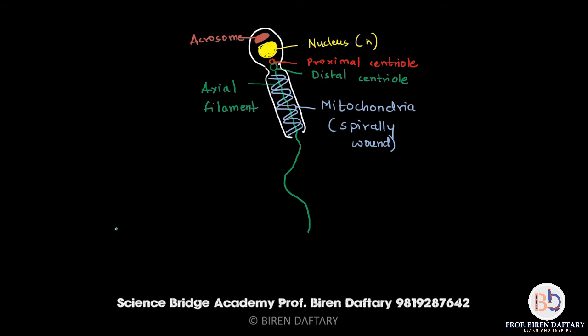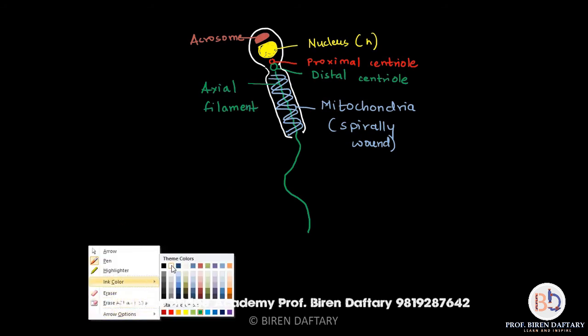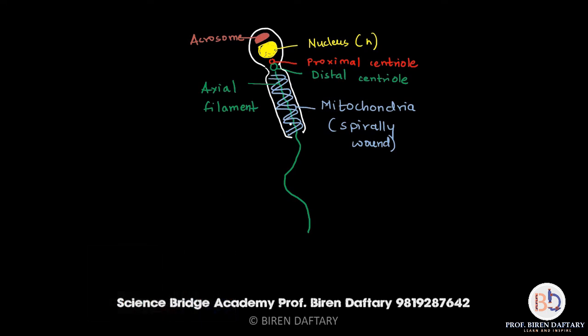Alright. Now we come to the last part of the sperm, which is present below the middle piece, and that is called the tail. Now the tail is a very thin region which is basically made up of axial filament, and it is surrounded by a thin layer of cytoplasm. So this structure that I am drawing here is nothing but cytoplasm which is surrounding the thin axial filament, as you can see.